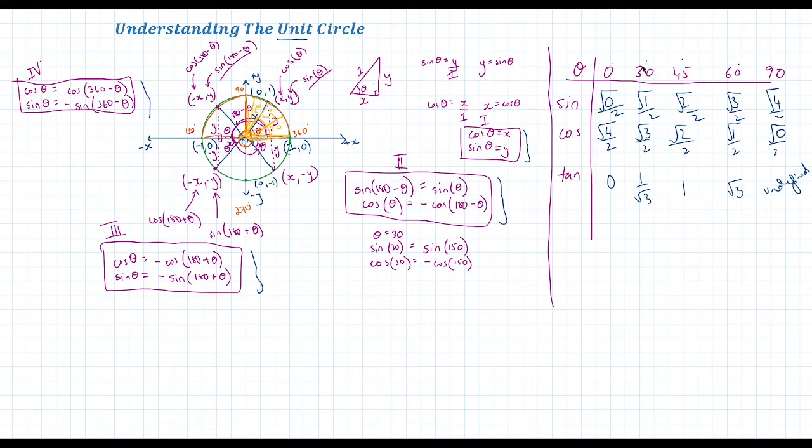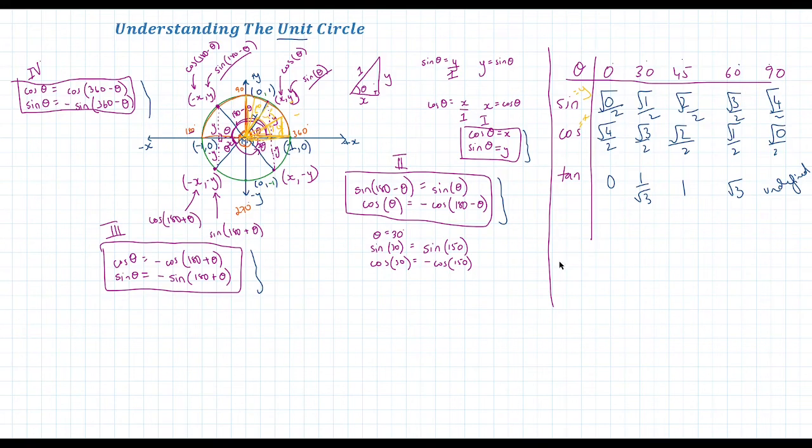So this table gives us the x and the y component of those lines. Remember, sine theta gives us the y component, so it gives us this y value for each line. Cos theta gives us the x value for the line.